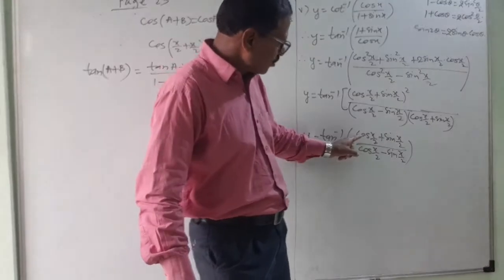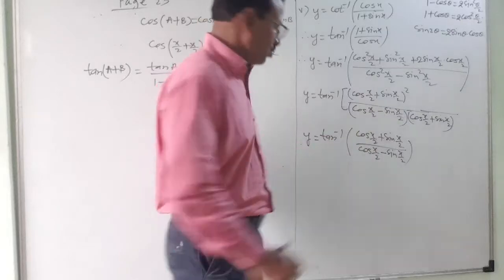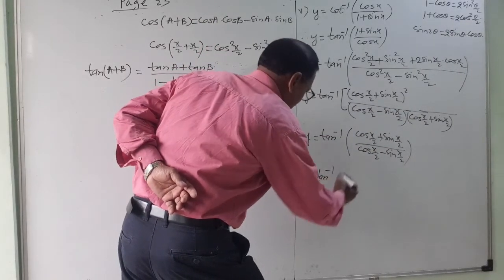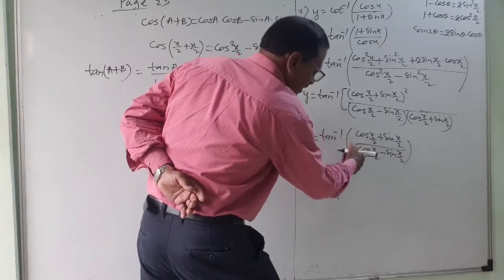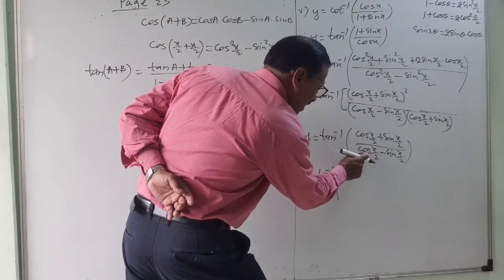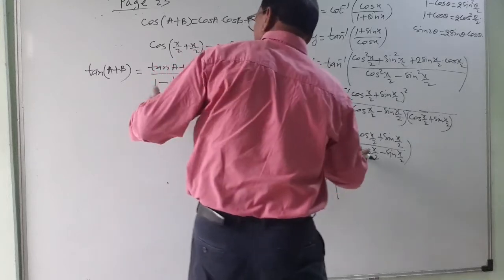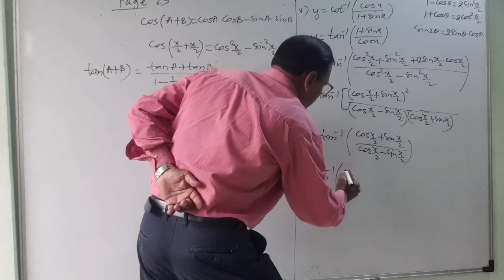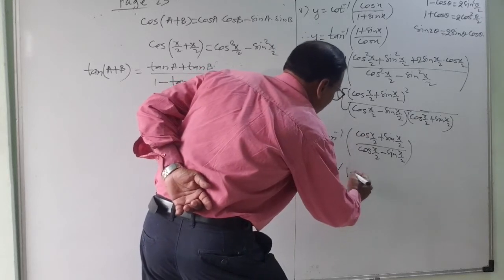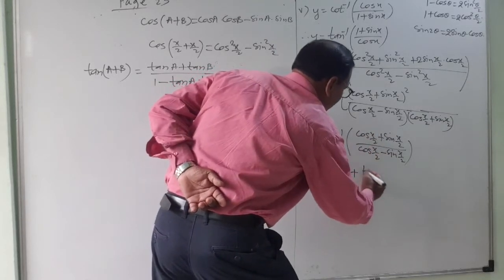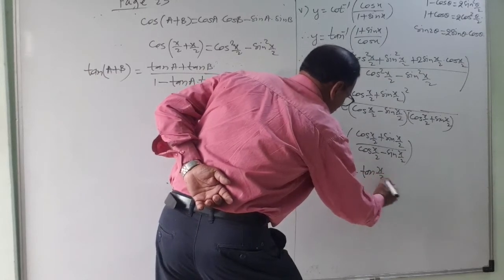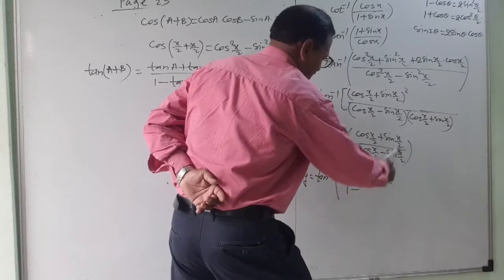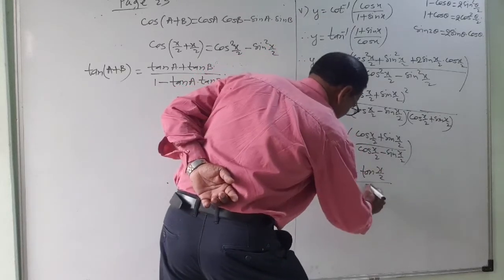I have to divide the numerator also and the denominator also. So y is equal to tan inverse of, divide this by cos of x by 2, and I want 1, so the numerator also will be divided by the same. So cos upon cos will be 1 plus sin upon cos will be tan, and the angle is x by 2, upon cos upon cos 1 minus sin upon cos will be tan.